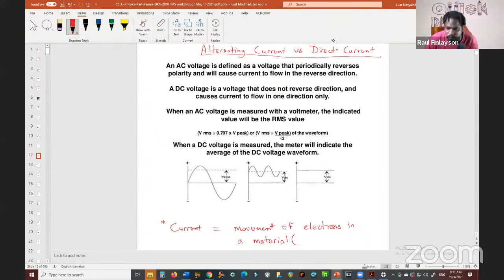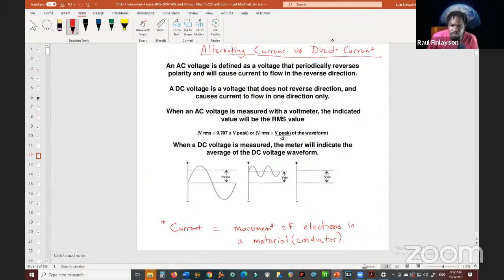Usually that material is called a conductor. In fact, they're defining voltage here, but the voltage is what causes the current.